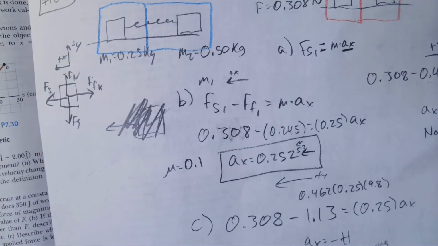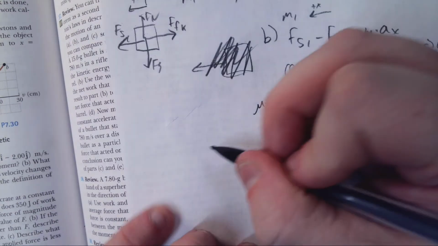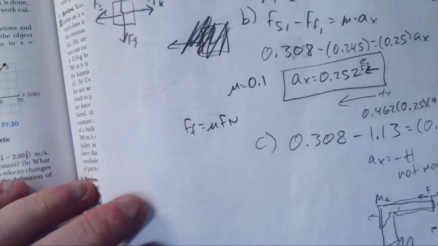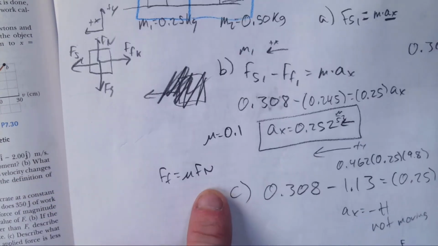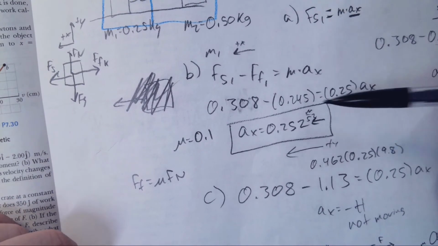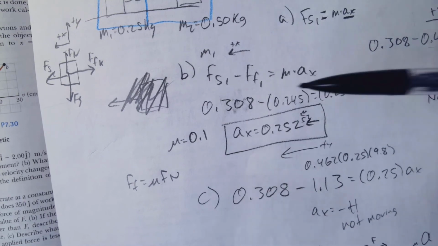So you should be able to figure that out if you solve for what your normal force is, and then understanding that the force of friction is equal to mu Fn. You find out what your normal force is, multiply it times the 0.1, and in that case that comes out to be 0.245. There's our mass. We solve for the acceleration, we get 0.252 meters per second squared, indicating that it's going to the left.